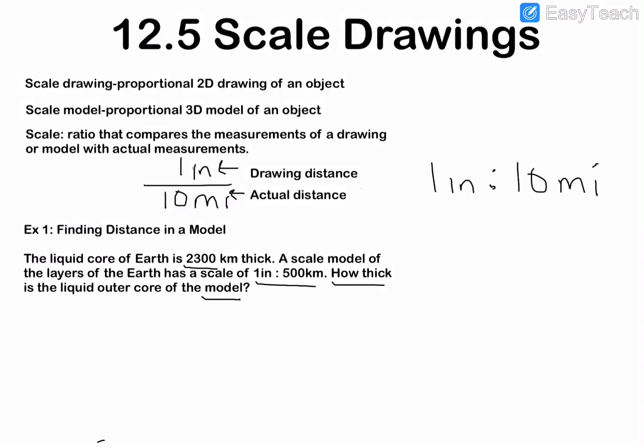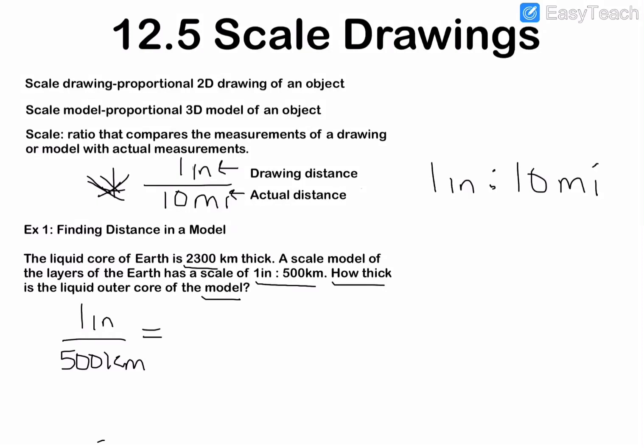Your scale is always going to be a fraction in itself, like we did in the example up here. So I'm going to write the 1 inch over 500 kilometers.